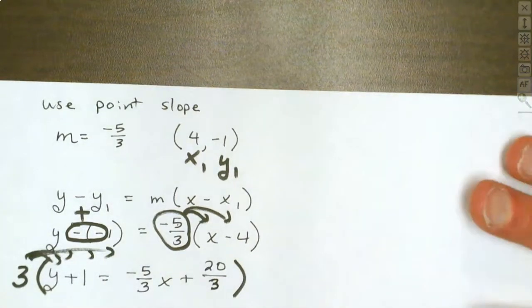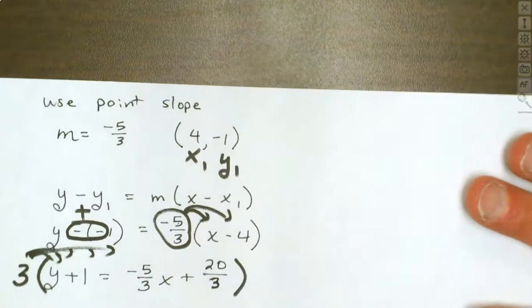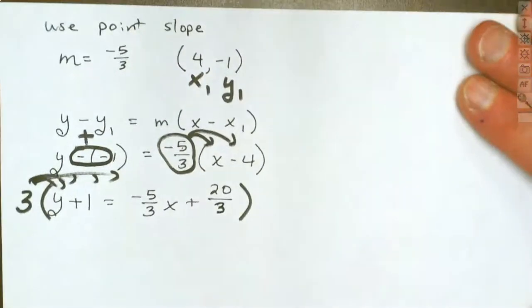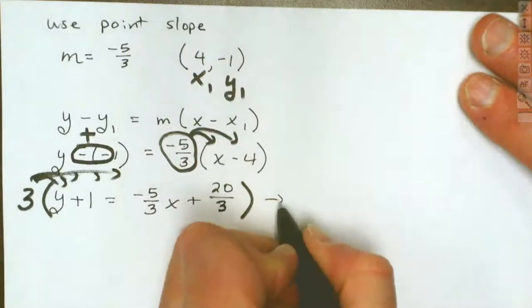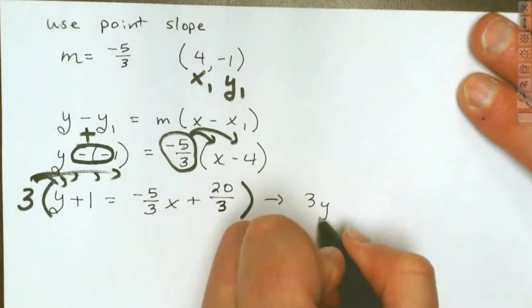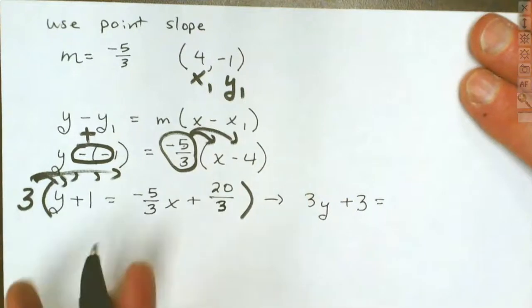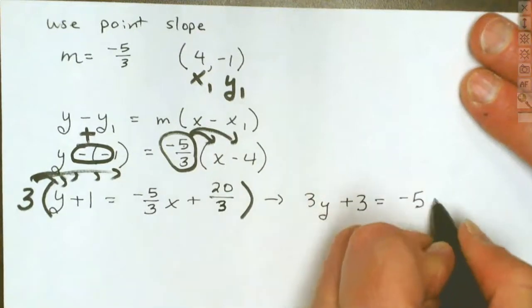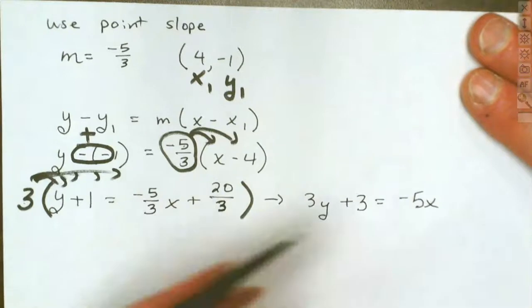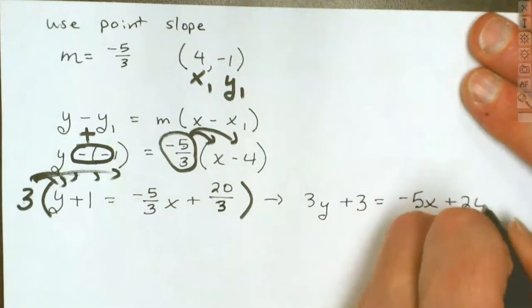And that leaves me then with, we'll move that over. That's going to leave you now with 3y plus 3 equals, 3's cancel, minus 5x, 3's cancel, plus 20.